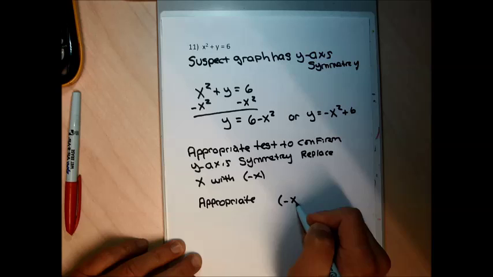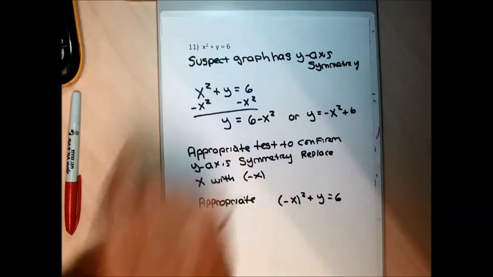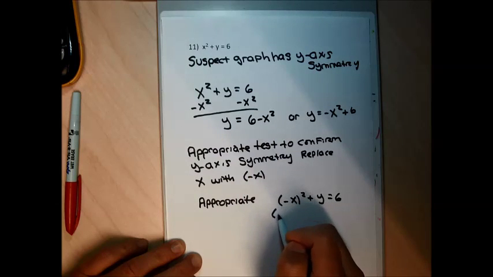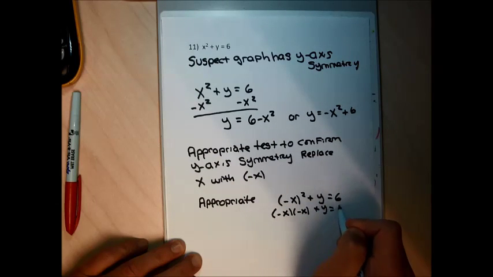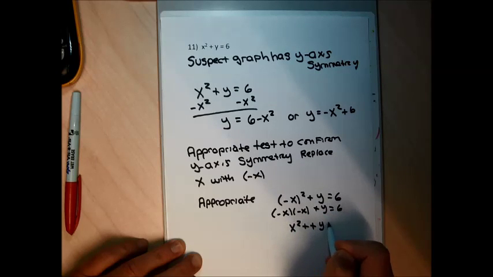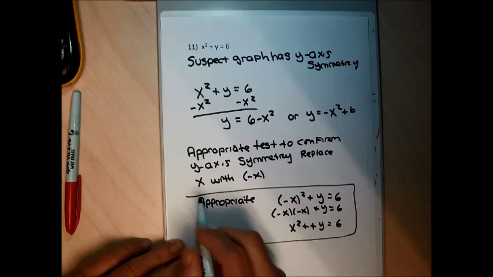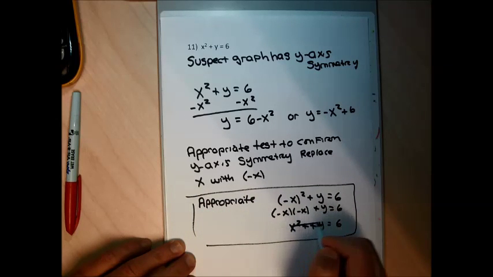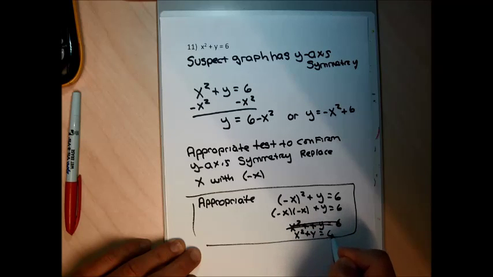I'm going to go negative x quantity squared plus y equal to 6, replacing the x with negative x. This will give me negative x times negative x plus y equal to 6. And negative x times negative x is positive x squared. That gives me x squared plus y equal to 6.